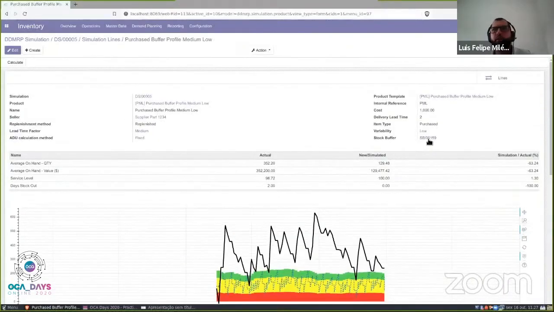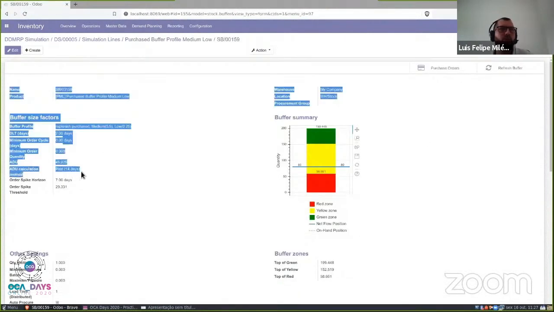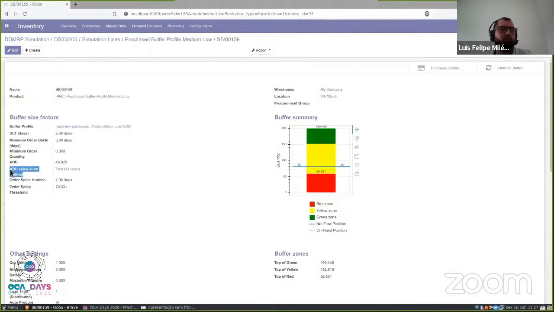We have here in this buffer the ADU set to 14 days in the past.